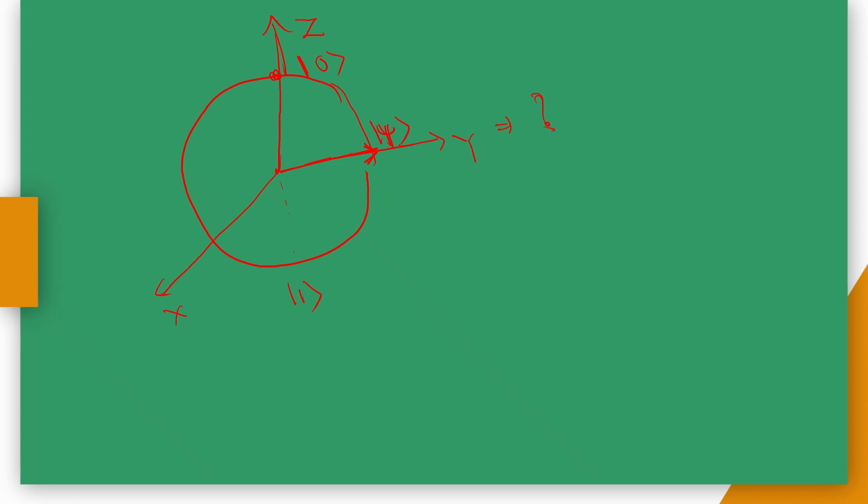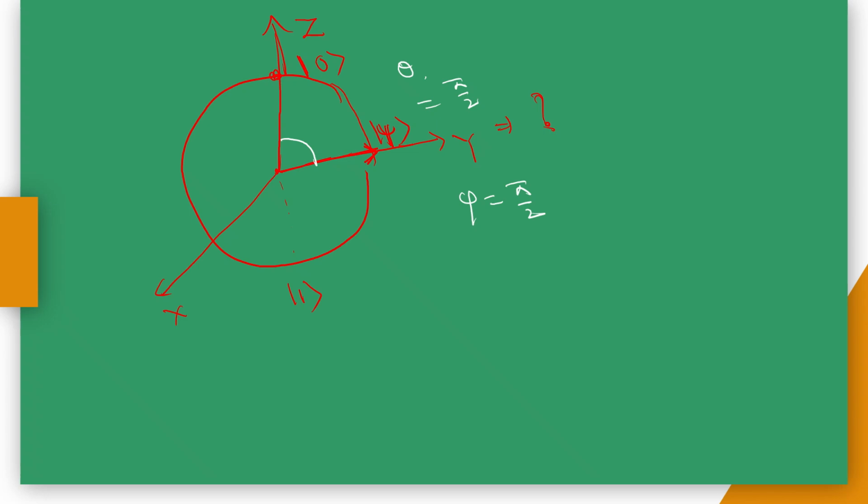Then obviously the angle between these two, theta, is pi by 2. Similarly, if you want to measure phi, this is also pi by 2 because of this particular projection on the same plane.